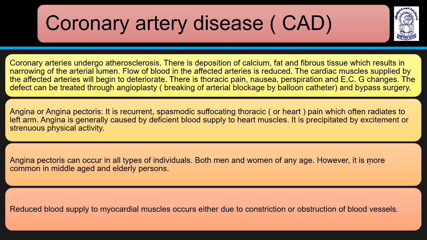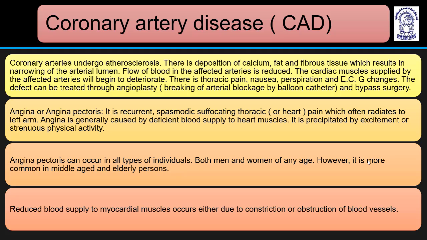Next comes the second category, angina or angina pectoris. It is recurrent, it happens again and again. Spasmodic, suffocating, thoracic or heart pain. So basically angina pectoris is a heart pain which occurs at a particular frequency.